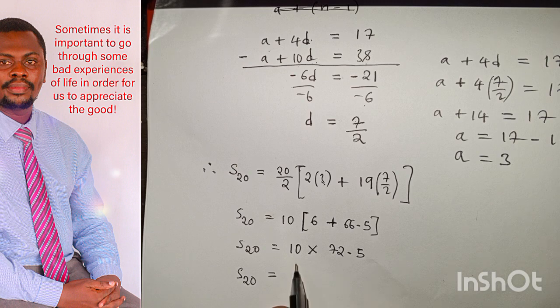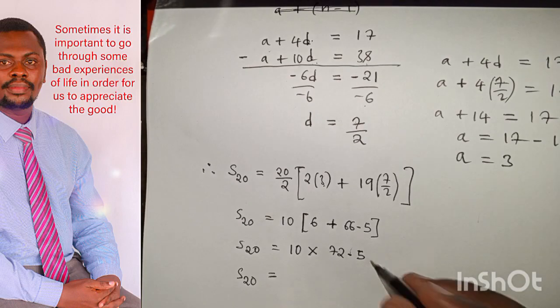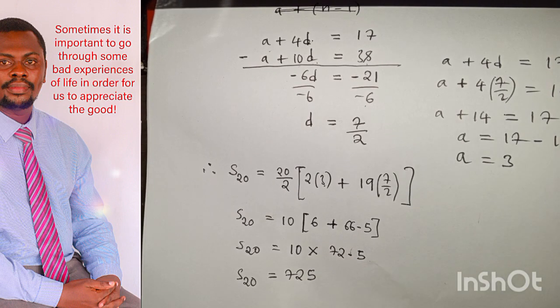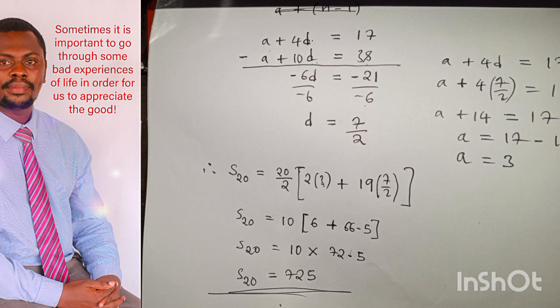So in this case we are multiplying by 10, so you shift this decimal point 1 step to the right, so it will be 725. The decimal will be at the end there. So that is the answer.